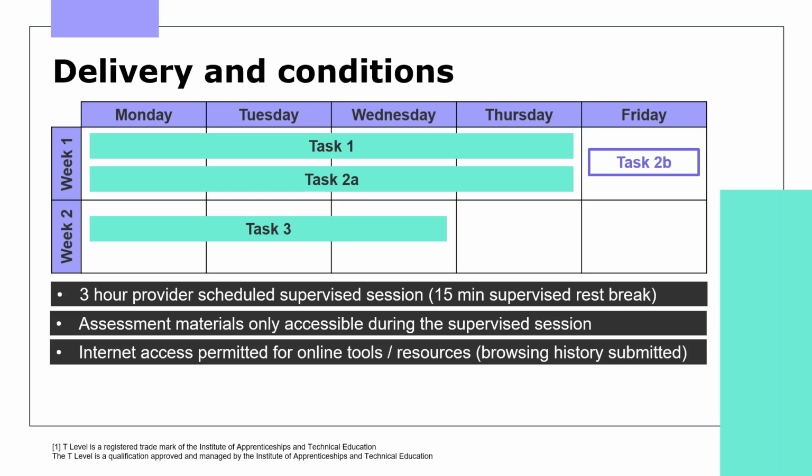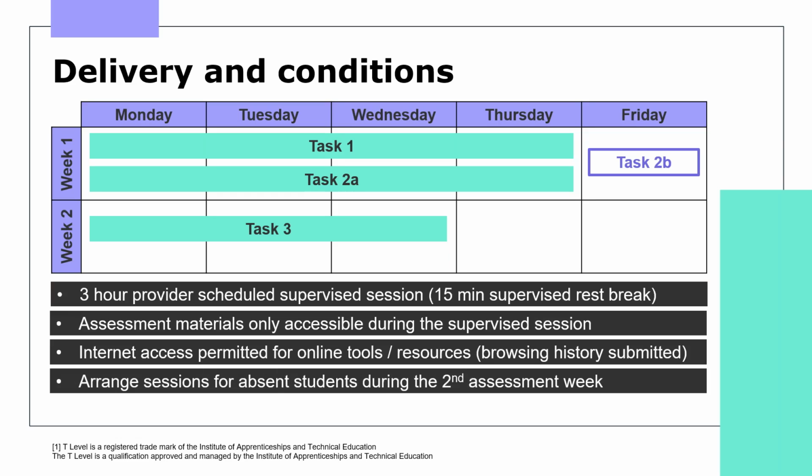You must ensure that privacy mode has been disabled and policies applied to prevent students from deleting their browsing history. And if a student misses the scheduled Task 3 session, then you can rearrange a new session within that assessment window, but before they sit Task 4.